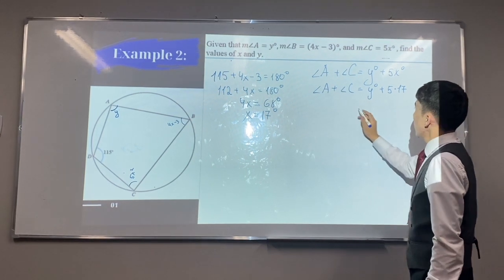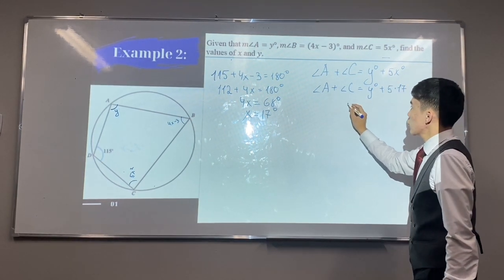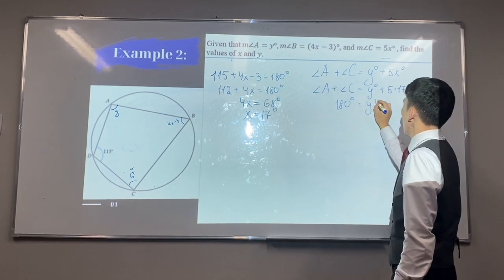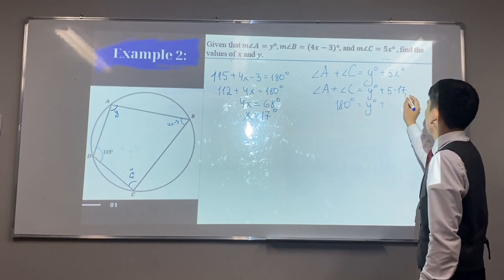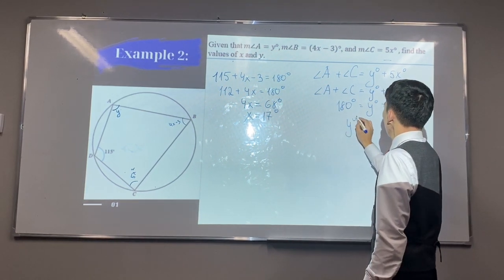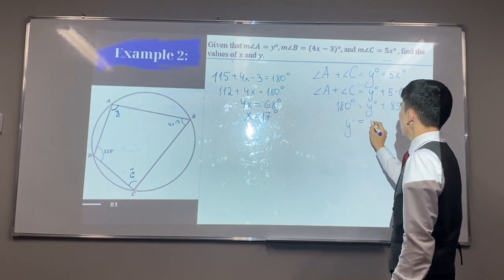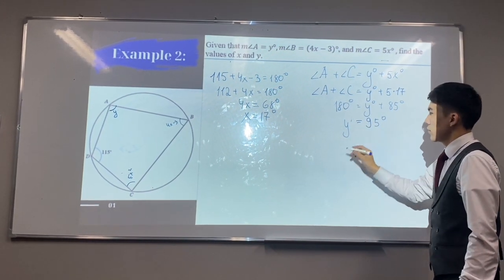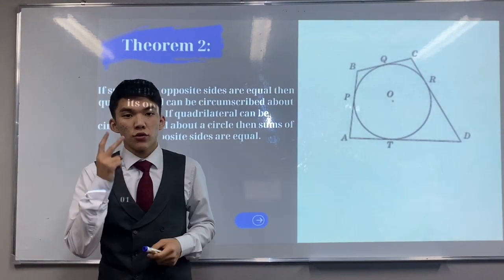And then A plus C equals 180 degrees, so y plus 85 degrees equals 180 degrees. Then y equals 95 degrees. That's all.